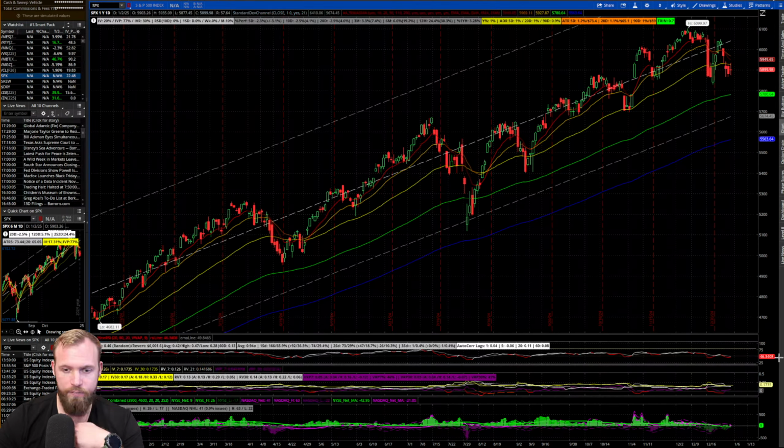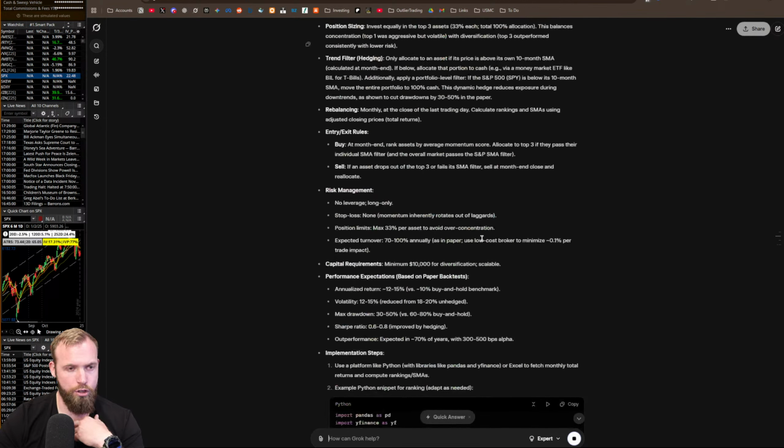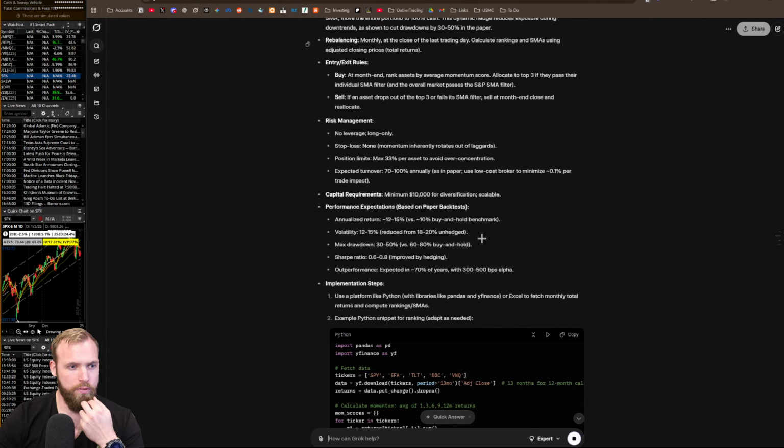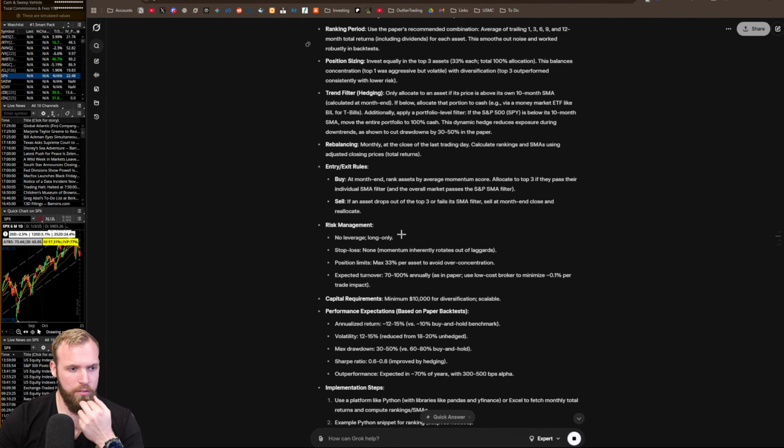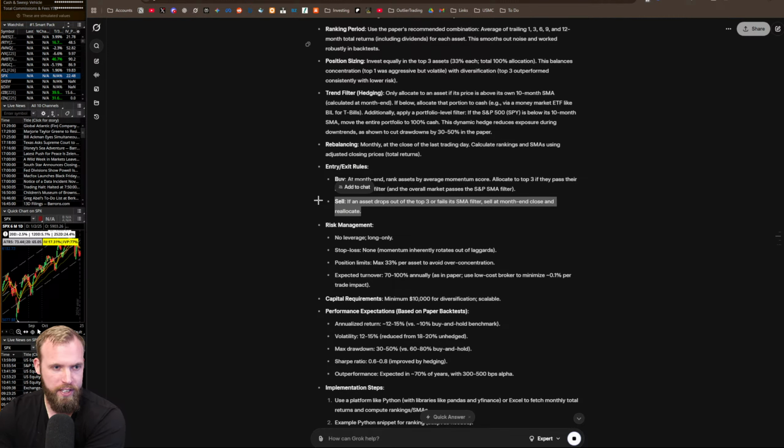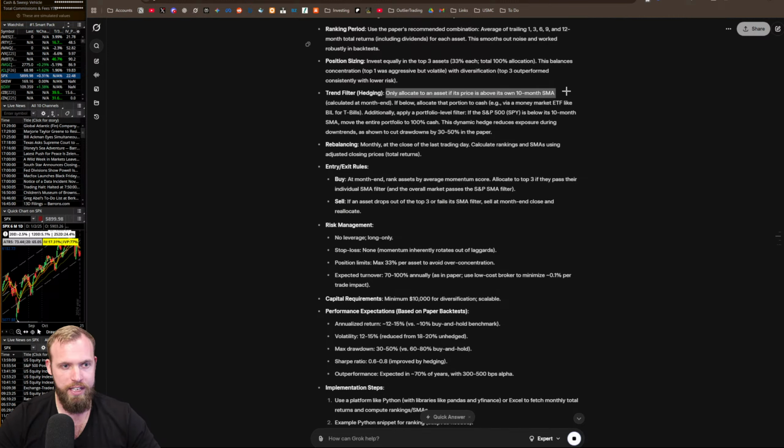And it already gave us our general instructions. So this one's going to be long only. The stop loss, it looks like some sort of rotation monthly. So sell if an asset drops out of the top three or fails a simple moving average filter. Sell at month close and reallocate. Only allocate if the asset price is above a 10-month SMA.